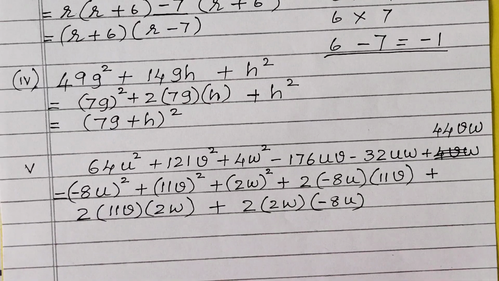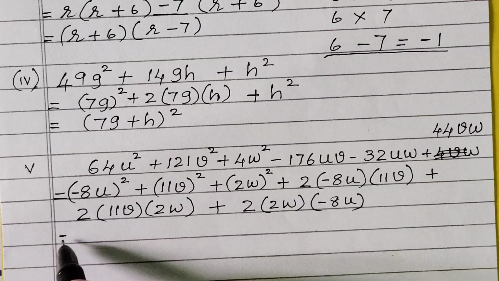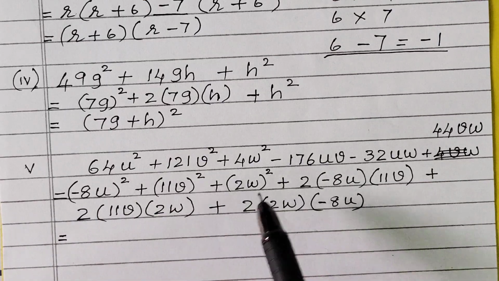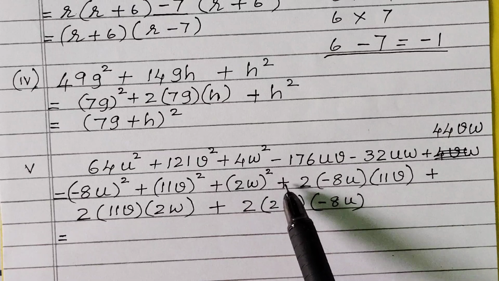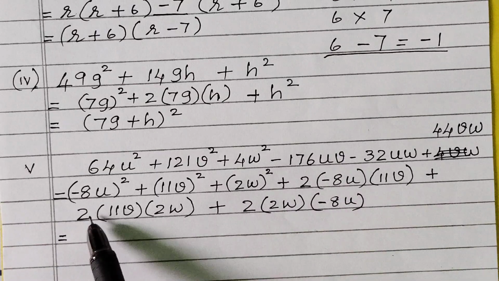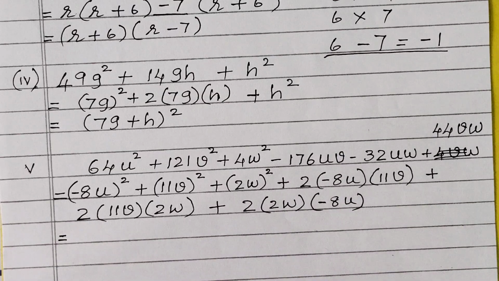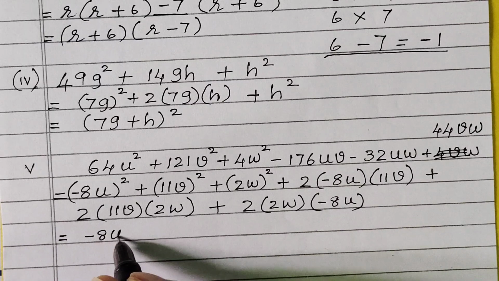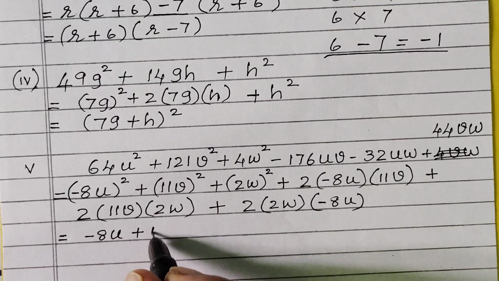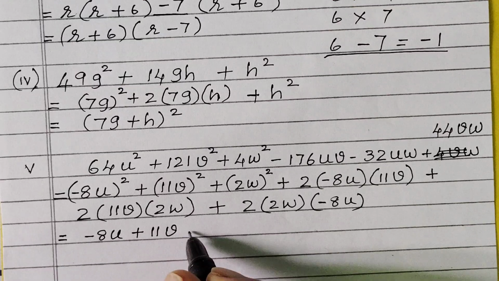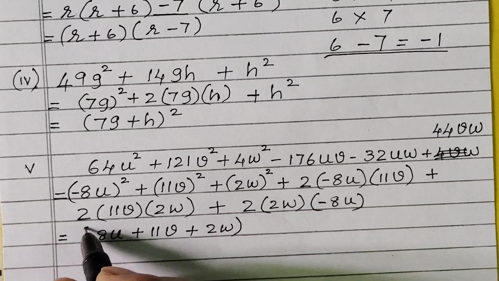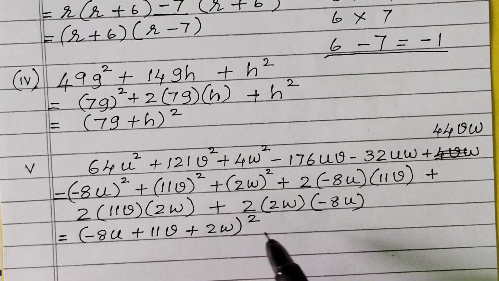So now a square plus b square plus c square plus 2ab plus 2bc plus 2ca, so I can write a plus b plus c whole square. So minus 8u plus 11v plus 2w whole square. So this is factorized there.